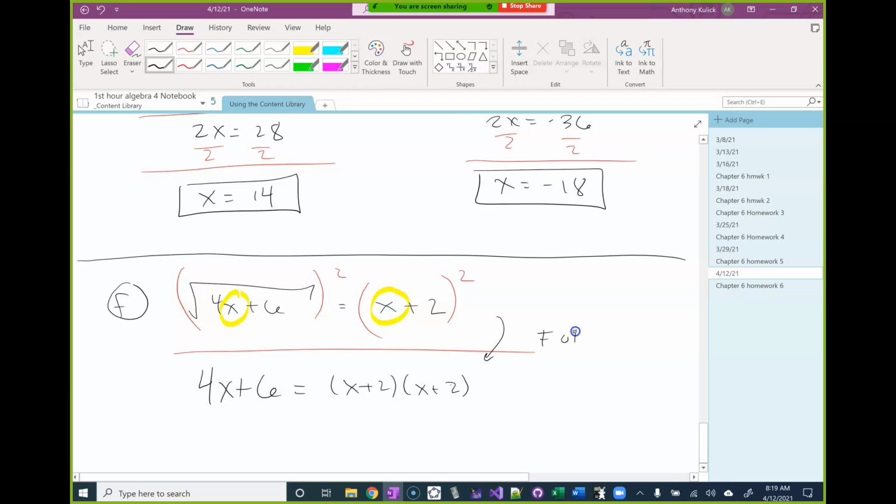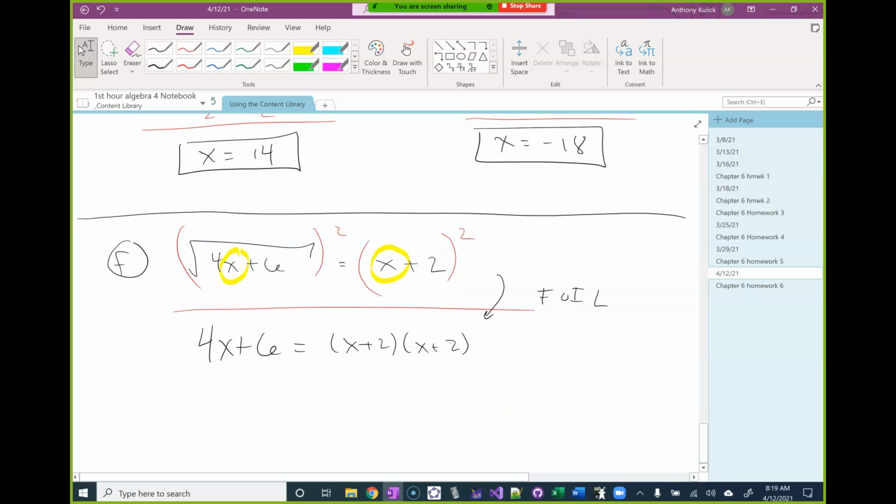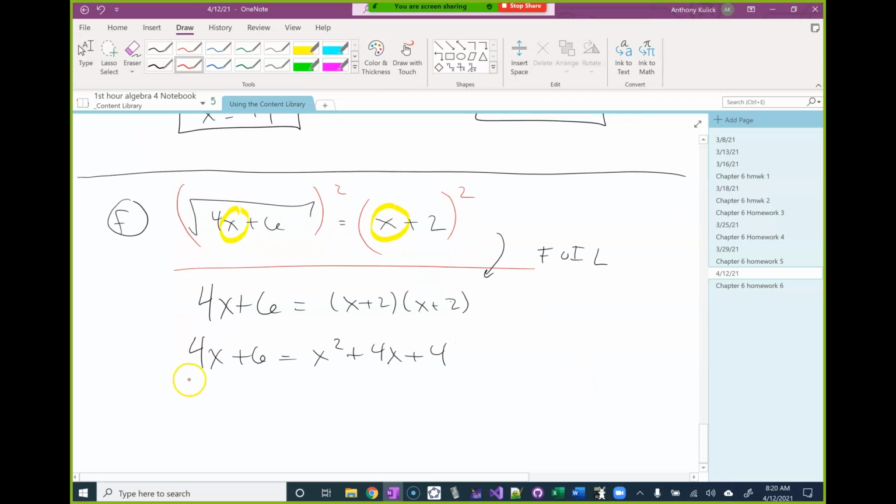So we have to make sure that we're remembering to FOIL there. I went ahead and foiled that out in my head. Everybody's okay with that? So what I have left now is a quadratic equation, right? To solve a quadratic equation, I have to start by getting everything onto one side, because I know that I have to have the polynomial equal to 0 in order to solve it.